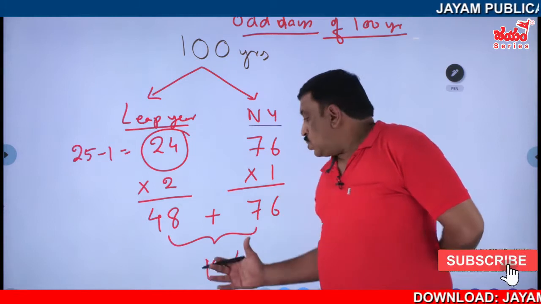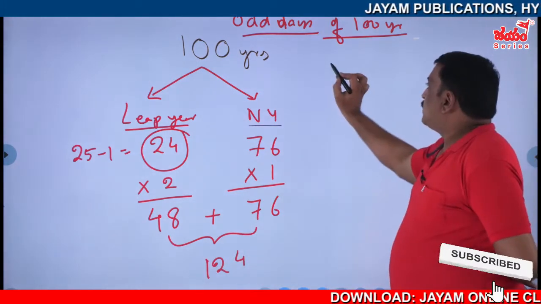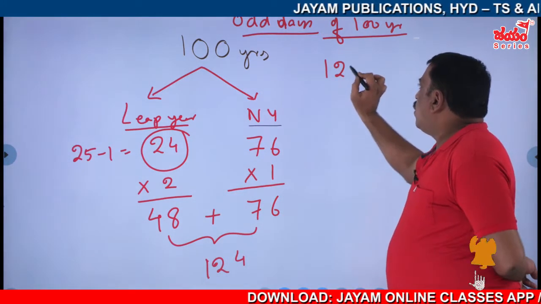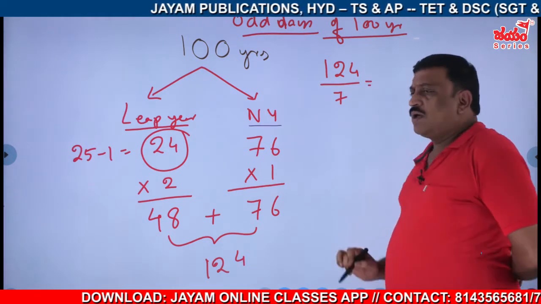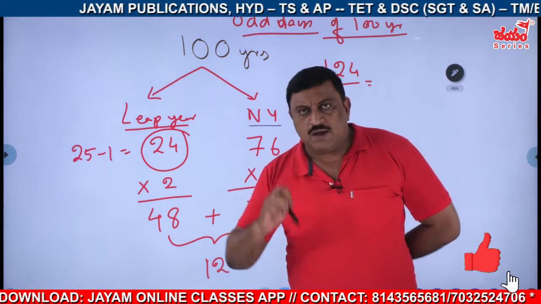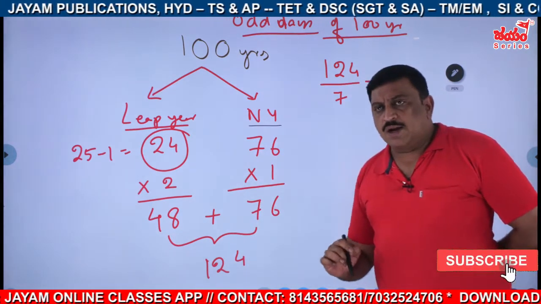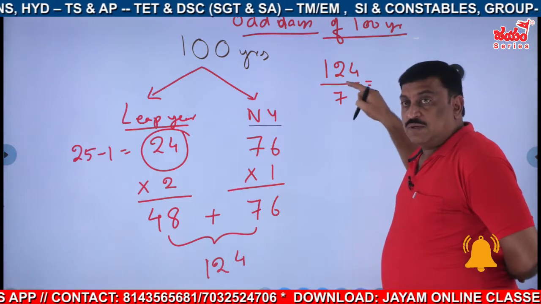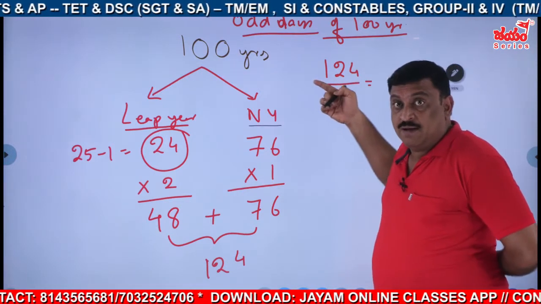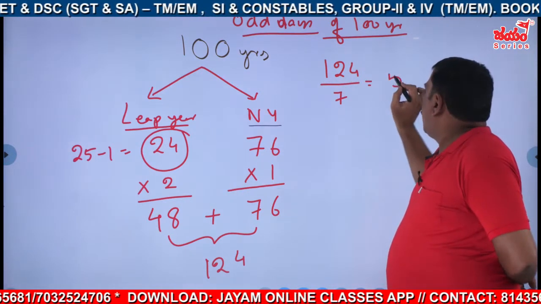Clear? Total 124 odd days means again we have to divide by 7. Make a mental calculation: 7 1s are 7, 7 7s are 49, so the remainder is 5.